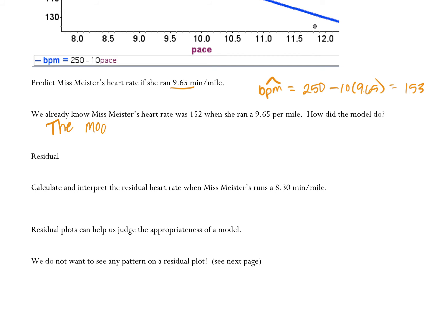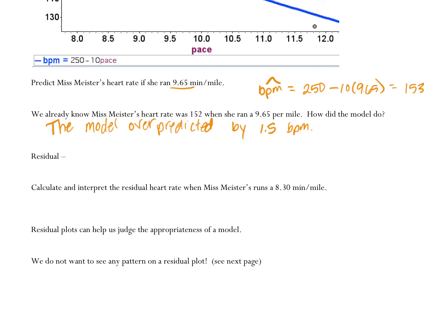Can we be more specific than the model over-predicted? It over-predicted by 1.5 beats per minute. And how did you get 1.5? Just subtracted 152 from 153.5. Okay, so that 1.5 is called a residual.